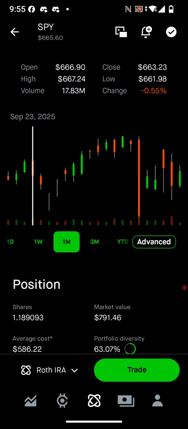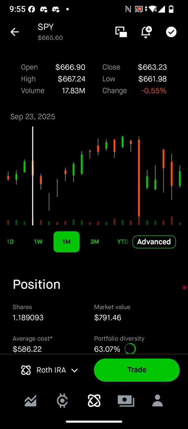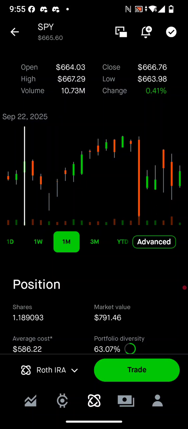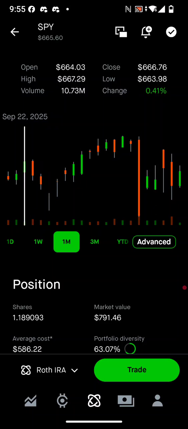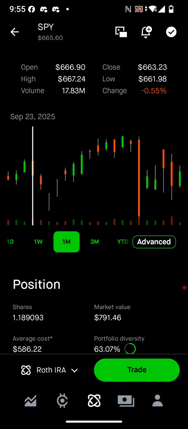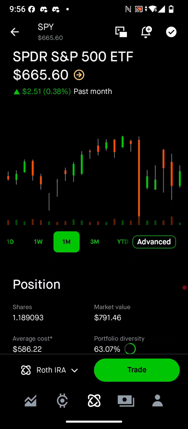So understand that each candle I move to on this chart, where it says September 22nd, September 23rd, represents one day. Each candle represents what happened in one day. On September 22nd, it opened at 664 and closed at 666, so it closed higher than it opened, which makes it a green candle.